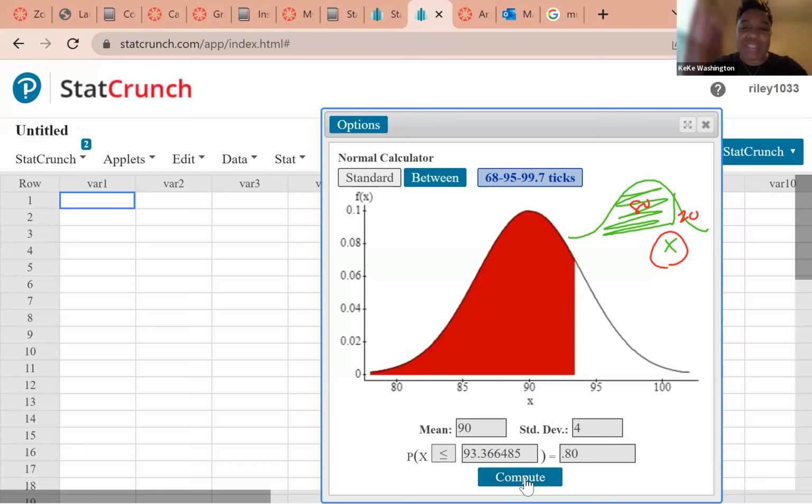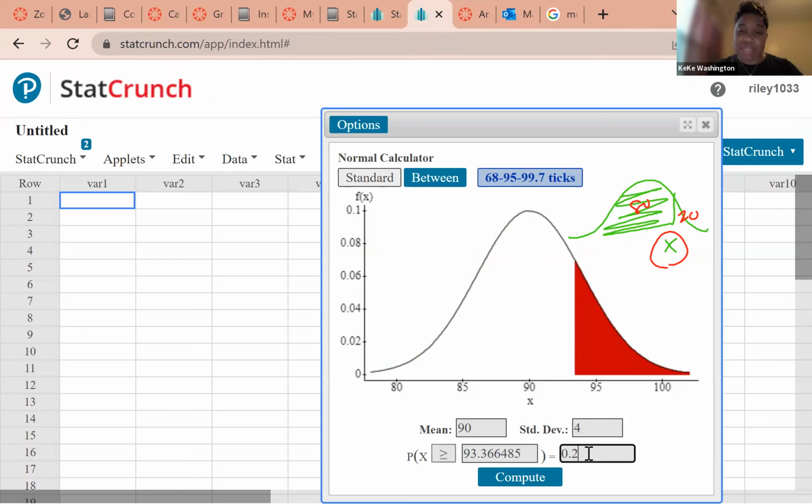That tells us that our X value has to be, we'll say 93.4, for example. Okay, now you could have worked the problem out with the 20, but the 20 is greater than X. So if I plug in 0.2 here for 20%, you see that you get the exact same answer.